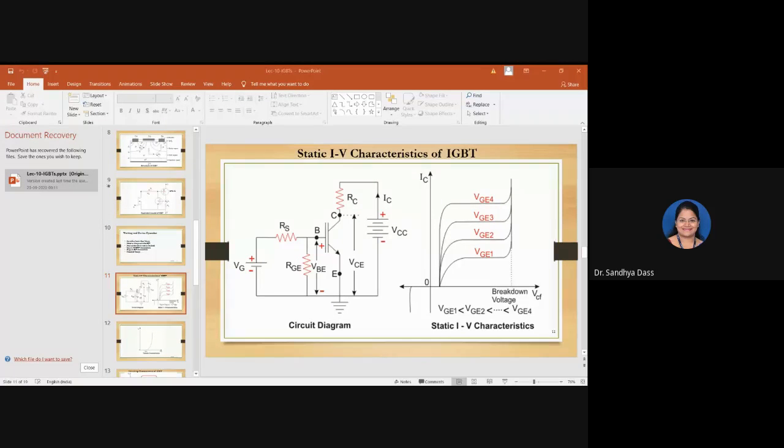Is it IC versus VCE or VC versus IC? Which is correct? IC in Y axis, okay. IC versus VCE, yes, that is the way you have to say, right? You are plotting, correct, yes, thank you.